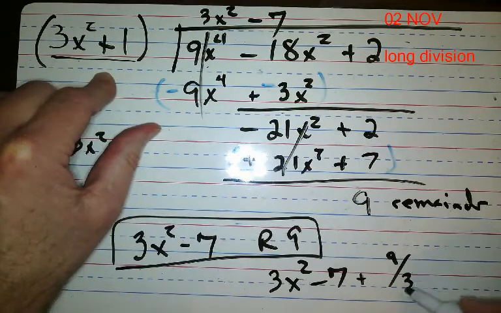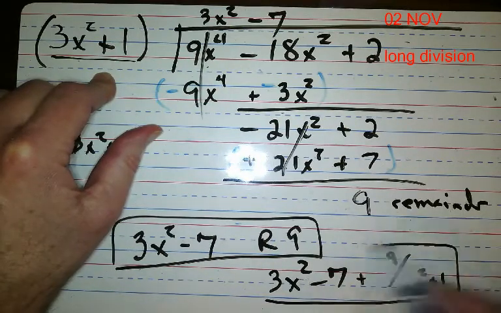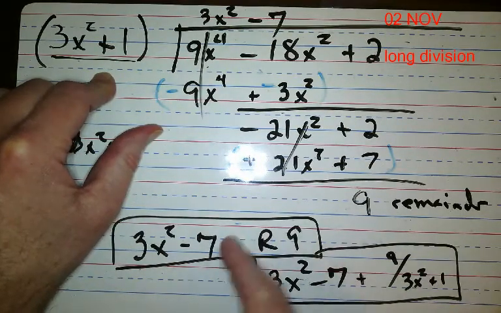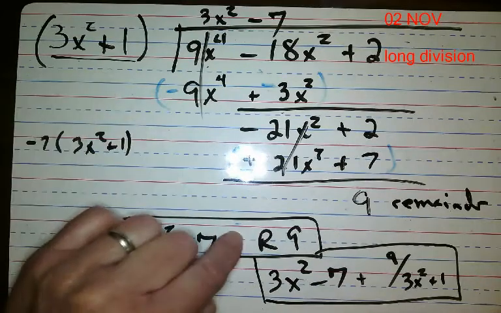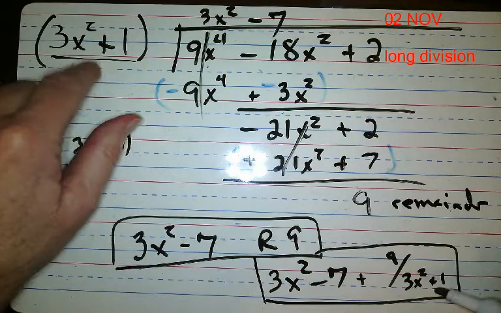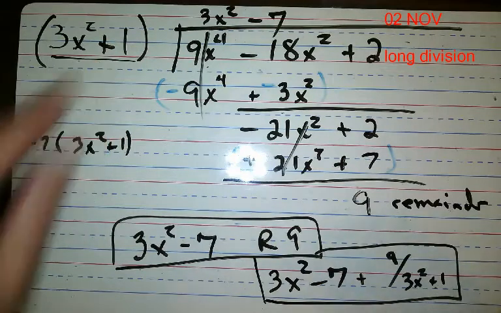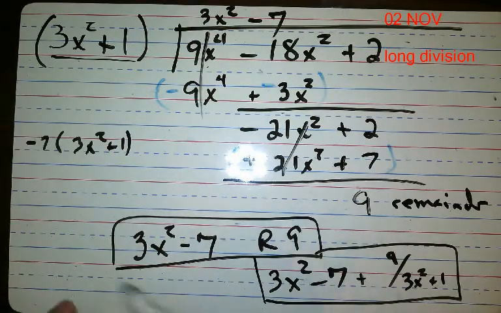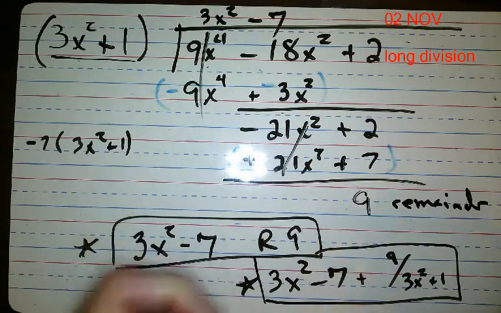So this is 3x squared plus 1. Sometimes I think the book writes it like this, other times it writes it like that. So there's a remainder 9, and if you have a remainder, you just put 9 over the thing you're dividing by. This is also the answer. These are both answers. This is totally fine. These are the answers to the question.